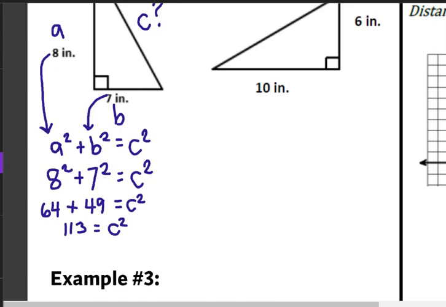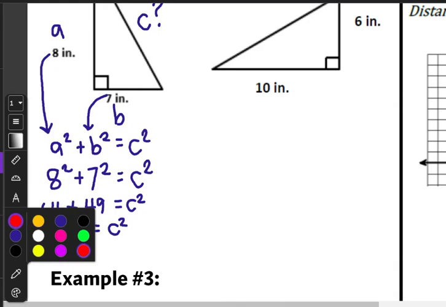So in order to figure out that, we have to figure out what operation gets rid of the square. Do you remember? Just like adding is the opposite of subtracting, multiplying is the opposite of dividing. What is the opposite of squaring? Did you say the square root? If so, you would be correct.